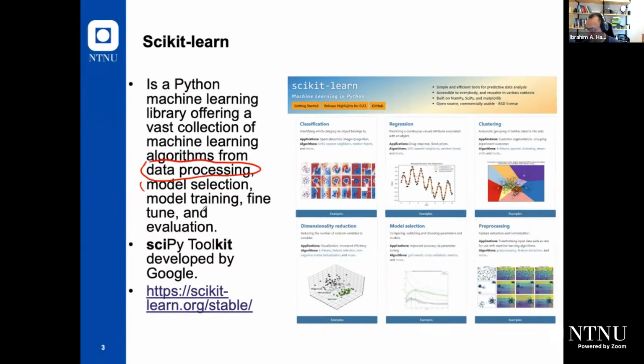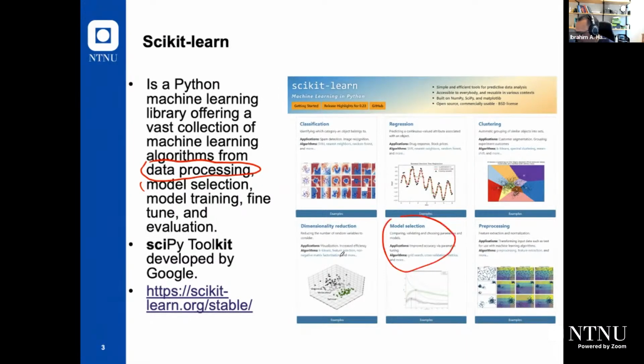This pipeline starts with data collection, and after collecting our data, we need to do some data pre-processing. We need to visualize our data. We need to put our data in the right format for our model. Also, this library has lots of models. For clustering, for regression, for classification, you can select different types of models. So it will help us to select the best model, as you can see here.